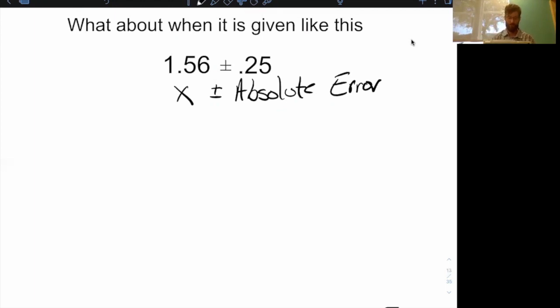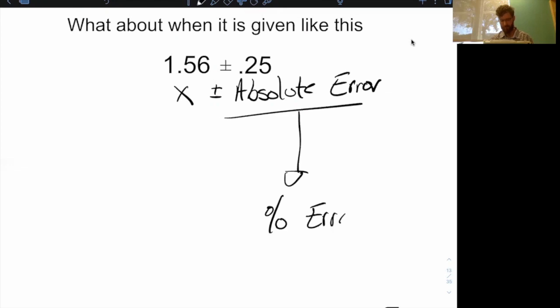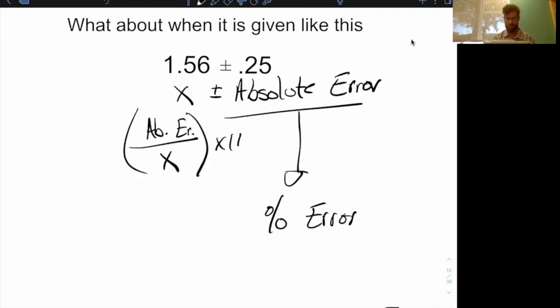It's one equation. For us to go from absolute error to percent error or uncertainty, same thing, all we have to do is take our absolute error divided by our quantity x times 100.